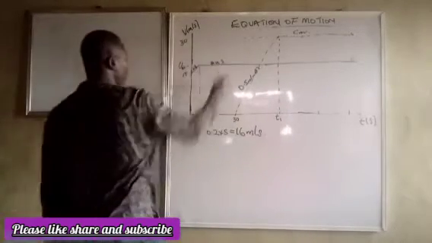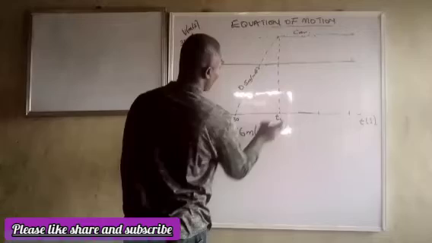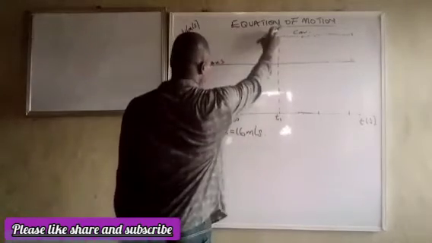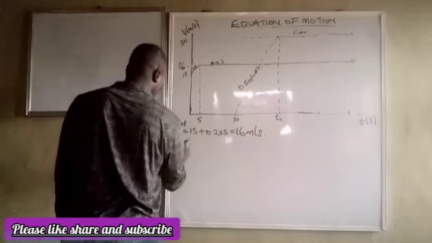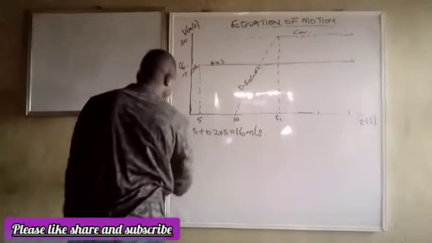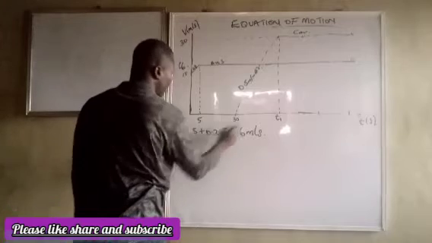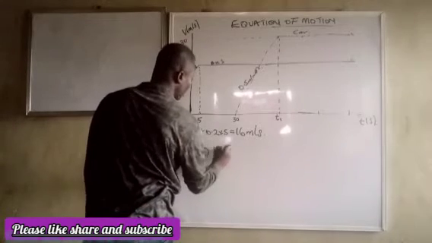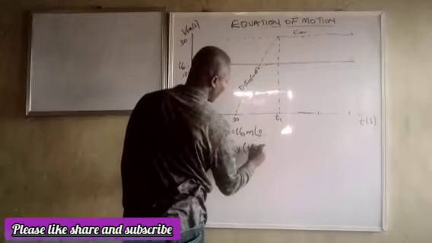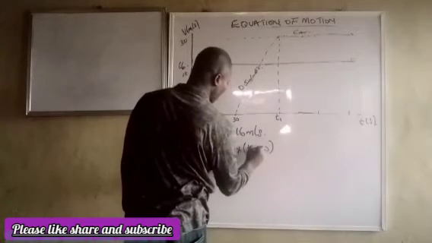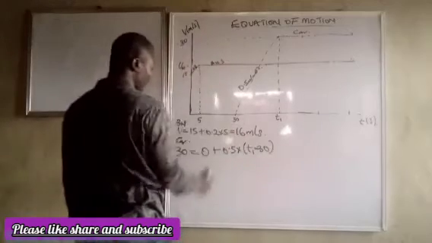Let's see, for the car, we want to find the time it got to final velocity. So for the car, the final velocity is 30. Initial velocity is 0 plus 0.5 into t1 minus 30, because it started its own motion after 30 seconds.